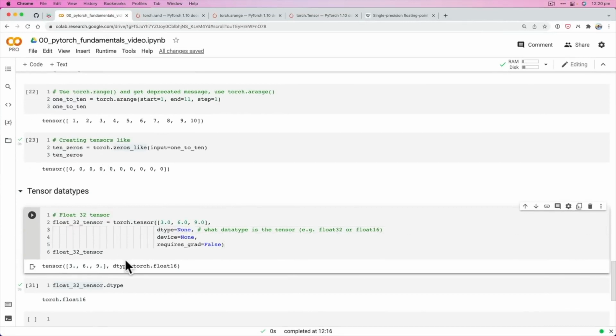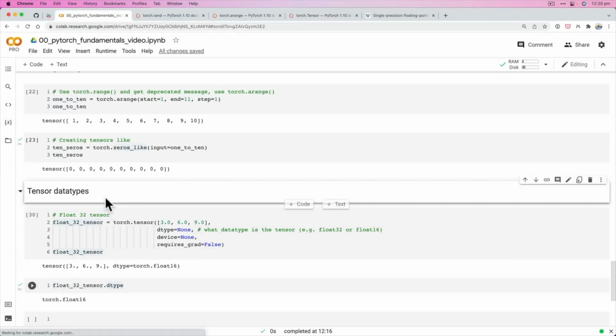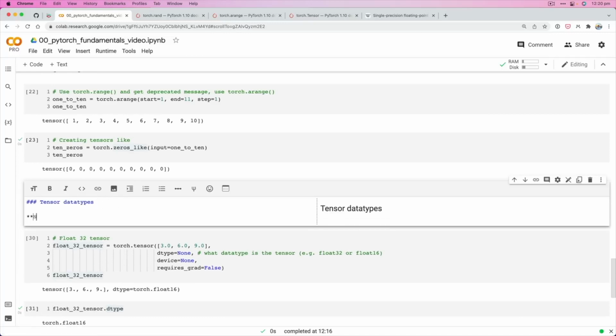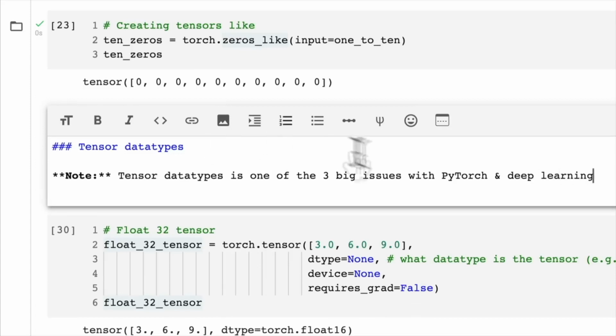That was a lot to take in, but we're talking about tensor data types. I'm spending a lot of time here because I'm going to put a note here. Note: tensor data types is one of the three big issues with PyTorch and deep learning. Or not issues, they're going to be errors that you run into in deep learning.